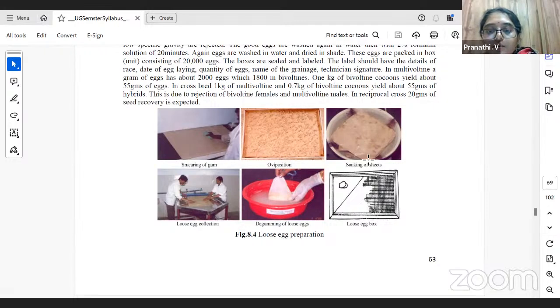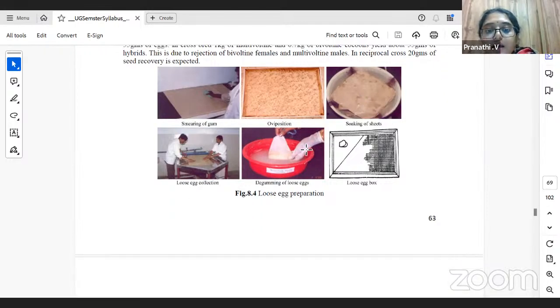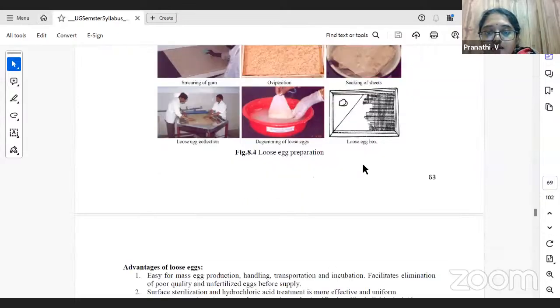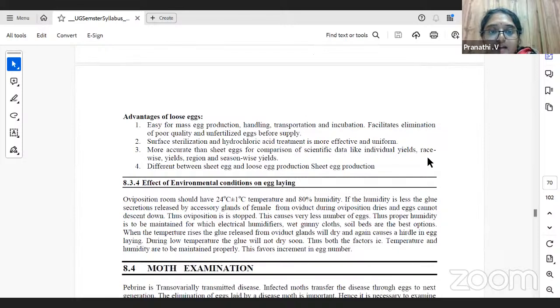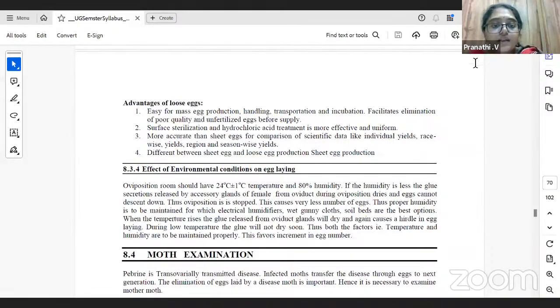Here you see smearing of the gum, oviposition, soaking of the seeds, loose egg collection, degumming, and then the loose egg box. The advantage is that it is easy for mass production, handling, transportation, incubation, and elimination of poor quality unfertilized eggs can be done.